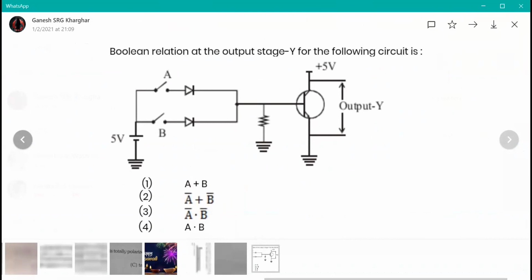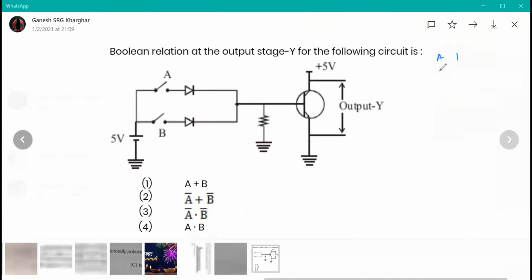Okay, so let's go through this question and discuss this quickly. So for example, here, what we have to do is basically make a truth table. So you can see right now what is happening.